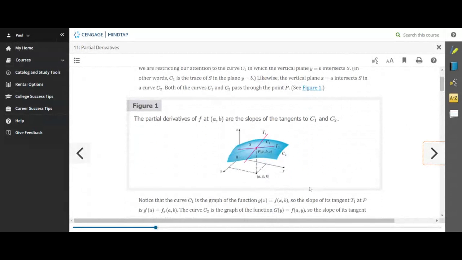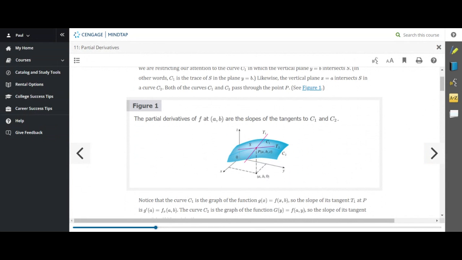So here is a surface, and you have a point on the surface with x, y, z coordinates a, b, and c, and you have two tangent lines. Tangent line 1 goes in the direction of what axis?